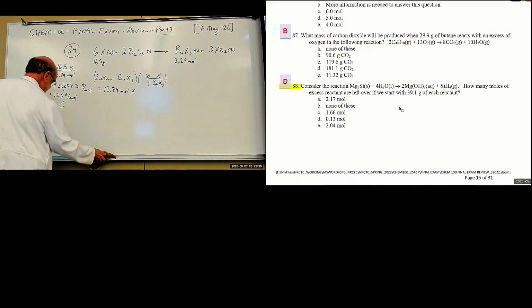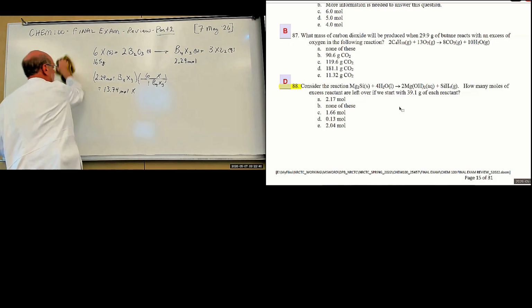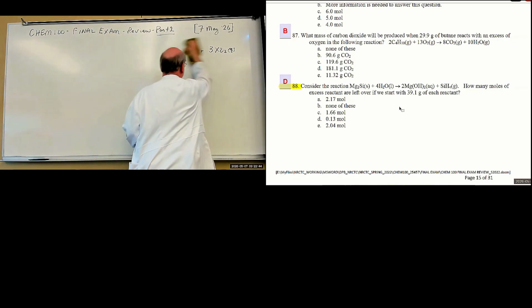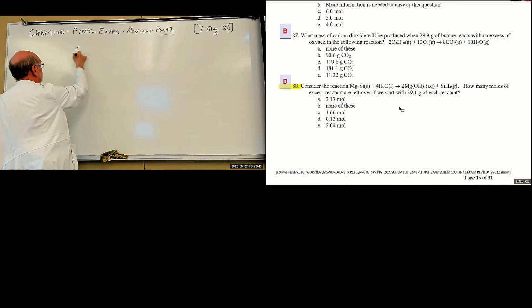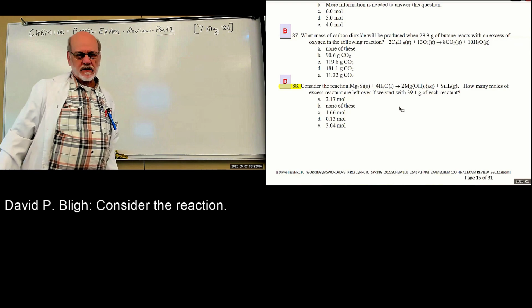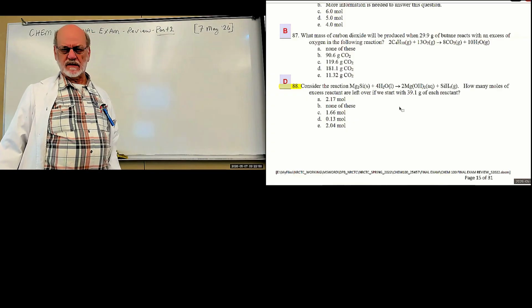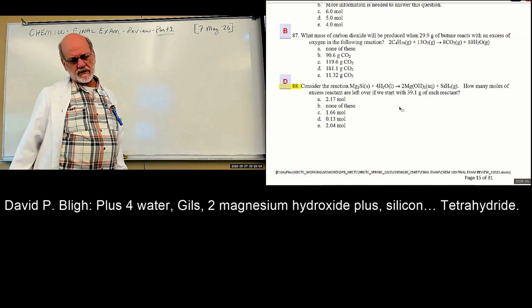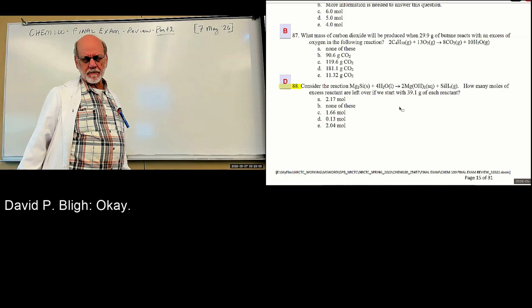Number 88. Consider the reaction. Magnesium silicide plus 4 water yields 2 magnesium hydroxide plus silicon tetrahydride.